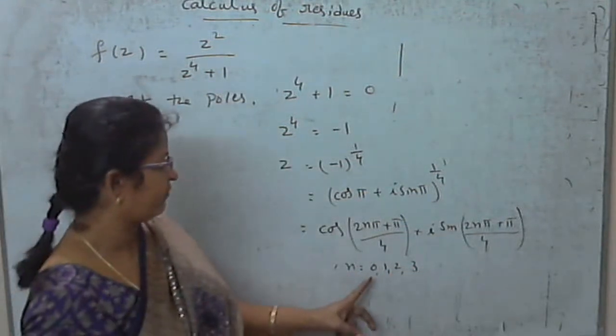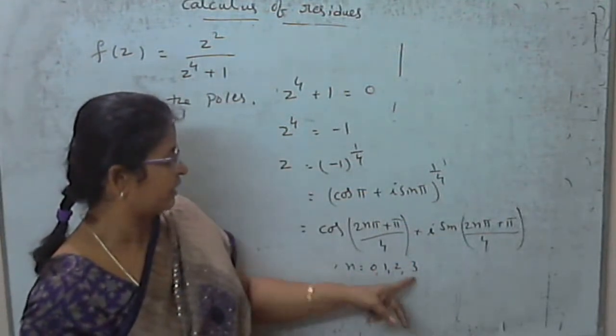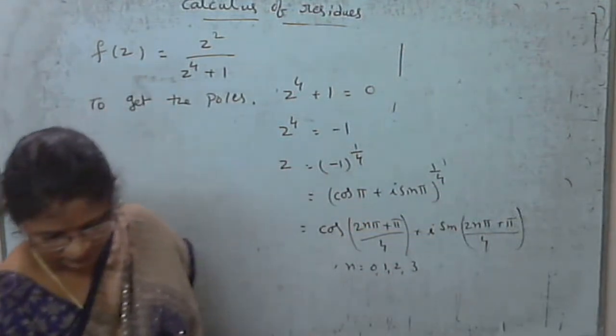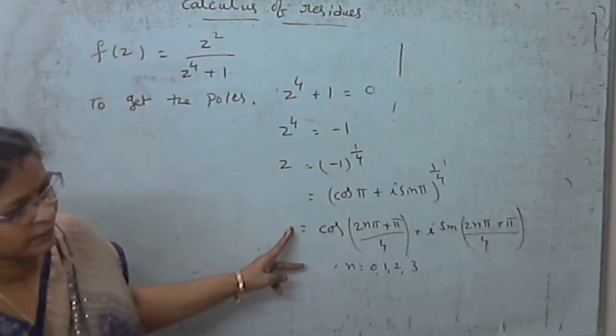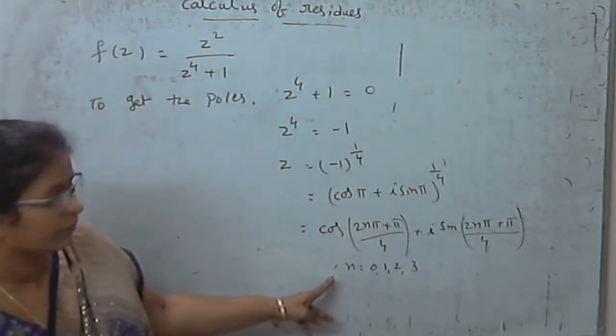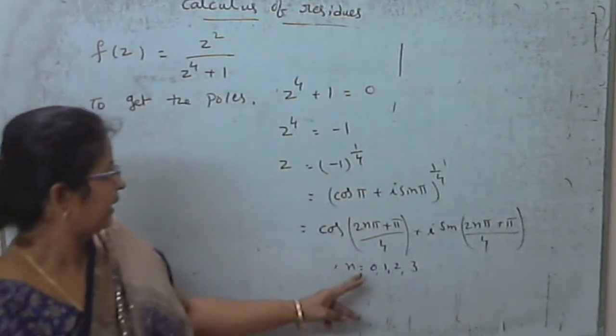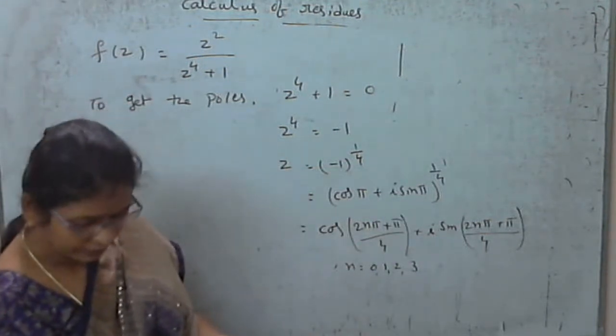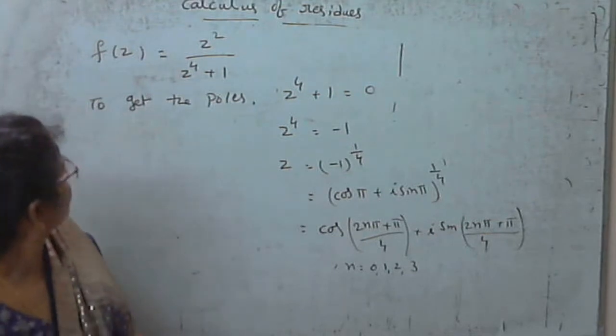So you have to take n values from 0 to 3, because the root is 4, you have to take up to n minus 1. So by applying De Moivre's theorem, you will get the roots. Now n equal to 0, 1, 2, 3 will give the different poles.